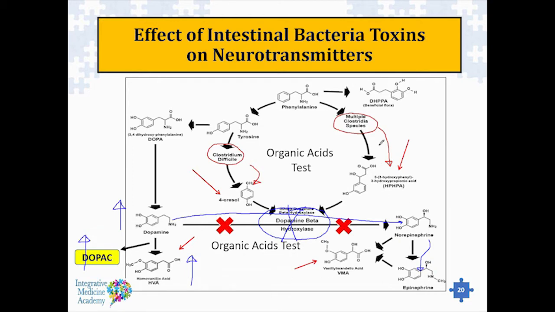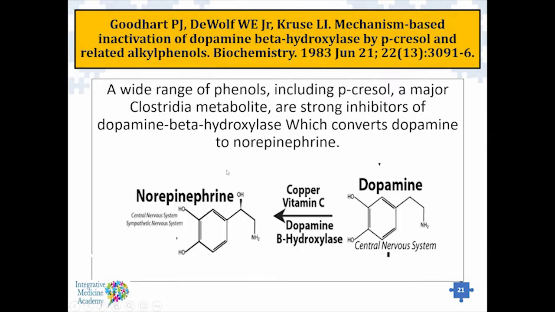So this is a scenario to look at on the test: what could be inhibiting dopamine beta hydroxylase? Well, we know that Clostridia bacteria can do it. Dopamine beta hydroxylase is an enzyme that is inhibited by these Clostridia toxins. It turns out too, though, that vitamin C and copper are cofactors for dopamine beta hydroxylase activity.